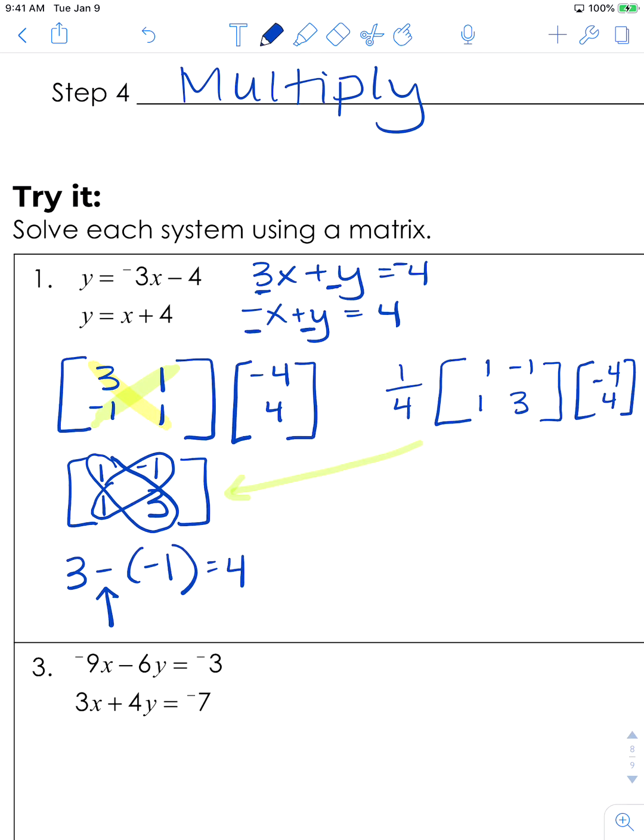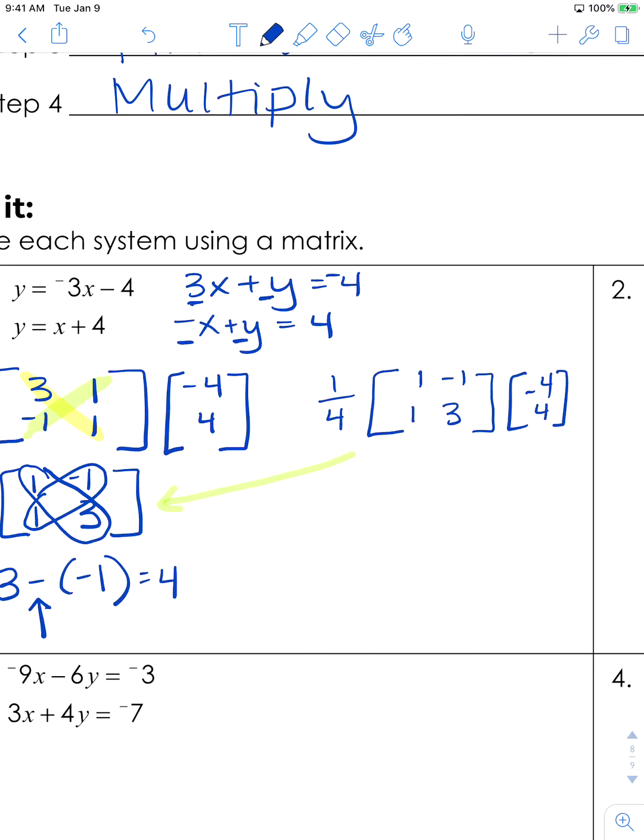And now you multiply. And the way you multiply is you think of these as your x's, and these as your y's, and this is your x, and this is your y. It's not exactly what they are, of course, but it's easier for me to show you if I give them a little bit of a name.